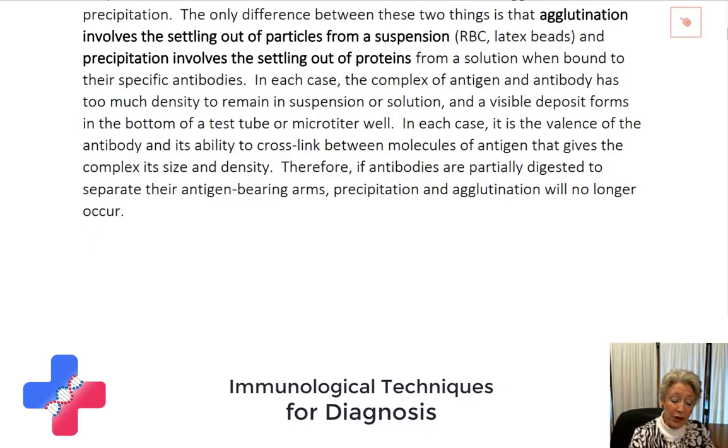And really, these are exactly the same thing. Agglutination and precipitation involve the settling out of something from a liquid. So agglutination refers to particles being separated out. Those would be things like red blood cells or latex beads.